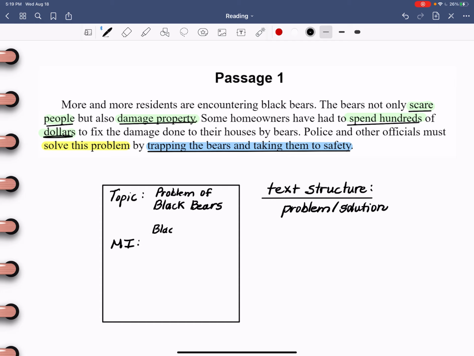Black bears can cause expensive damage and scare people.